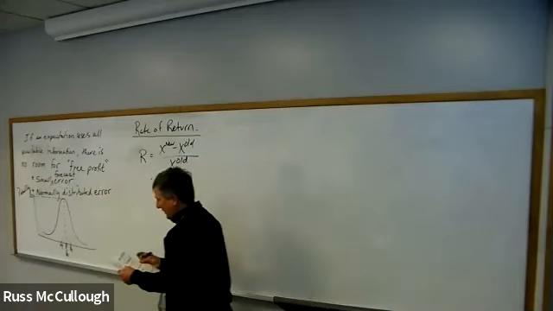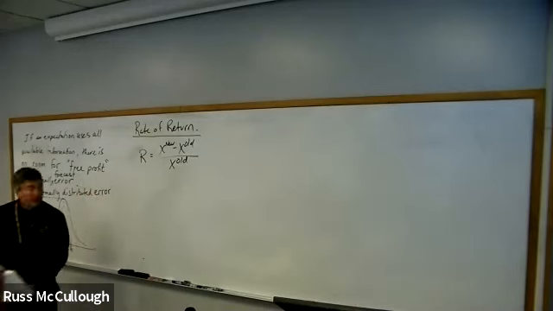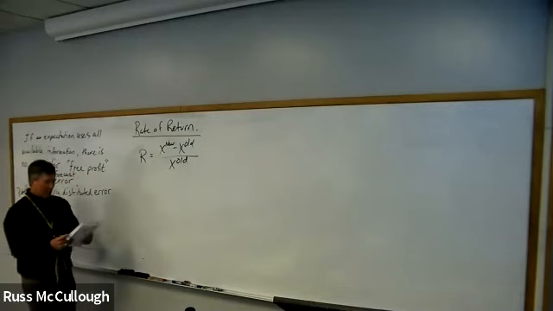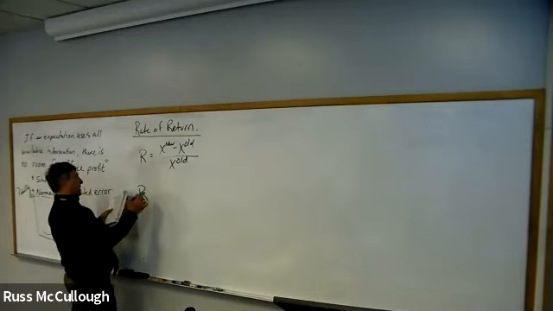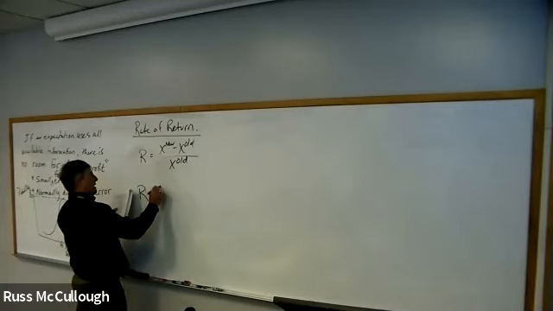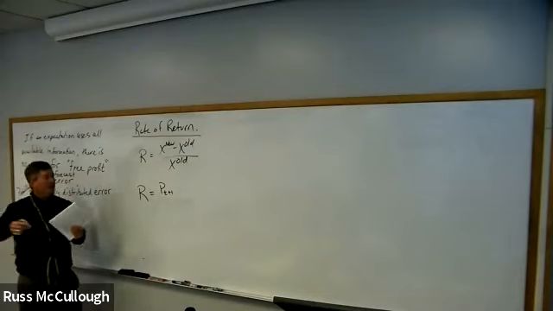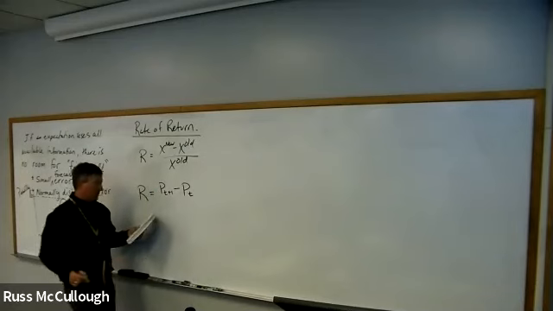Okay, and then more specifically to a stock, or a bond for that matter, we can add in a dividend or a coupon payment. So the rate of return for the stock is P_{t+1}, one time period ahead, minus P_t, new number minus the old number.